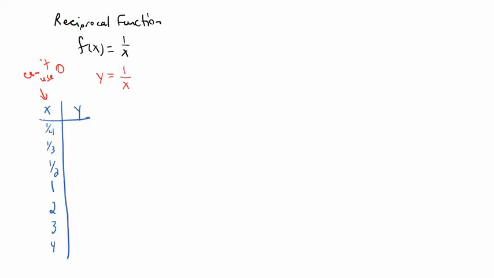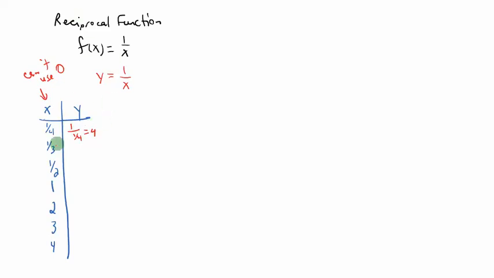And usually, it's good advice, if you can't plug a number in, it's a good idea to plug in numbers that are really close to it so you can understand what happens as you get close to that. All right, so let's calculate our y values. Our y values here are calculated as 1 divided by our x values. So this will be 1 over 1/4, which we already said was 4 above.